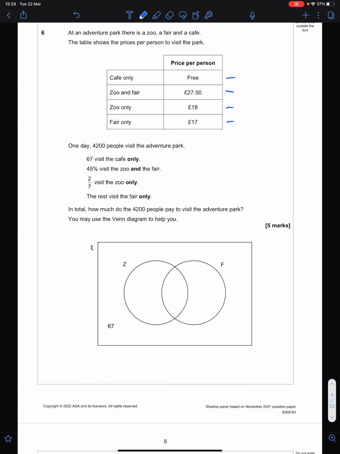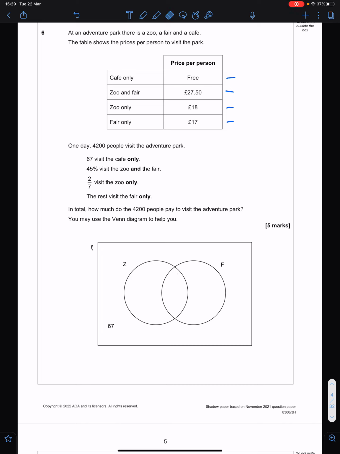Okay, well, it says you may use the Venn diagram. Now, that doesn't mean we have to, but if they're saying you may use it, we may as well use it, right? It's going to be easy for us, so let's do that. We have 45% who visit the zoo and the fair, so that's going to come in this intersection over here.